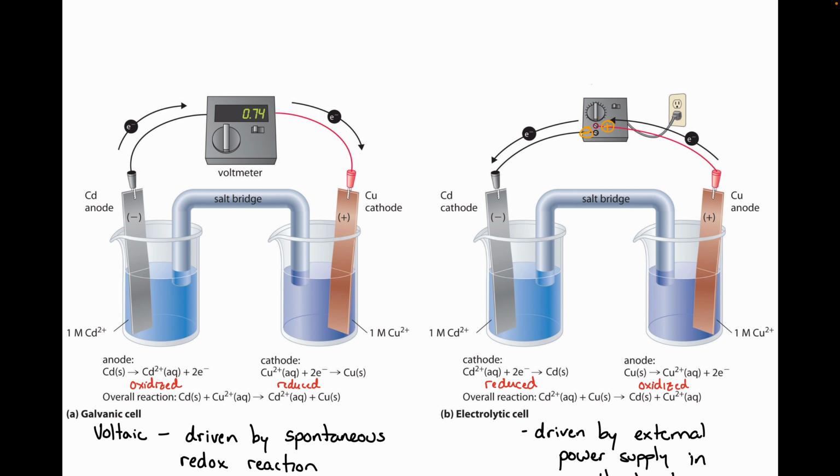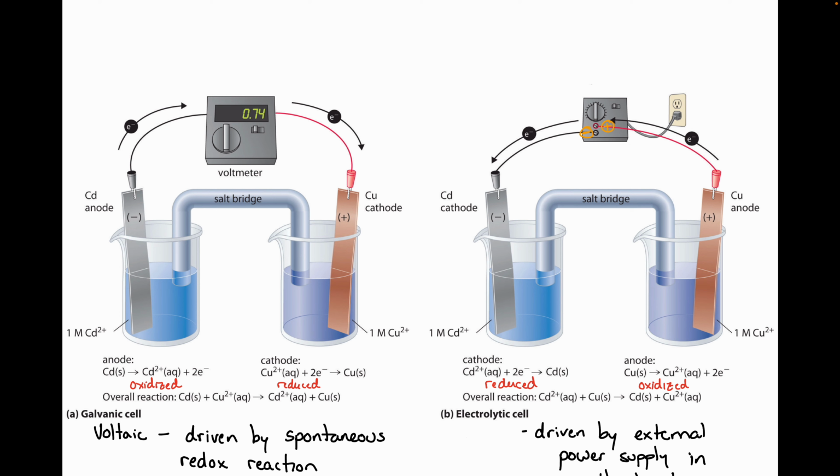But it's not really a negative charge. It's the direction that the electrons are flowing from your power source. They're moving away from the negative end of the power source. Whereas here they're being released from the cadmium, and here they're being released from the external power source.